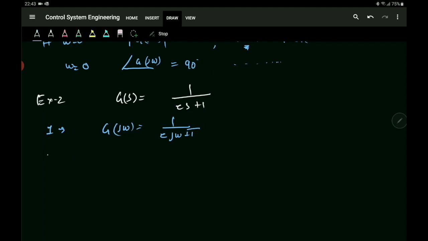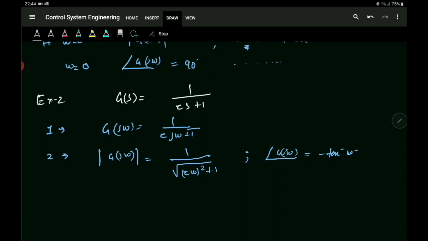Step 2, find out the magnitude. |G(j omega)| equals 1 upon the square root of ((tau omega) square plus 1), and the angle of G(j omega) is equal to minus tan inverse (omega tau).